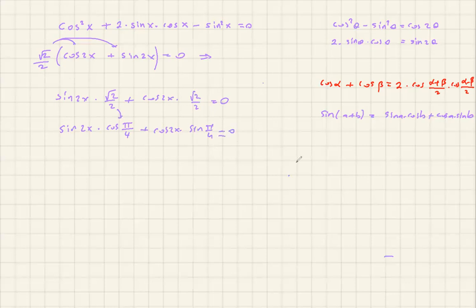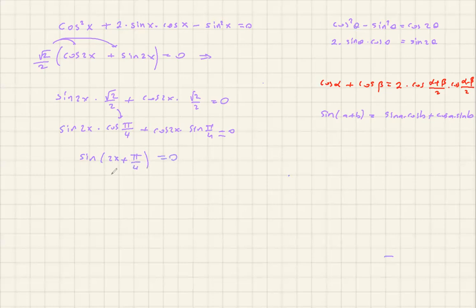I hope you see what's going on now. Because we have sine of 2x times cosine of pi over 4, plus cosine of 2x times sine of pi over 4, which is exactly the angle sum for sine, which we can just write as sine of 2x plus pi over 4 equals 0.